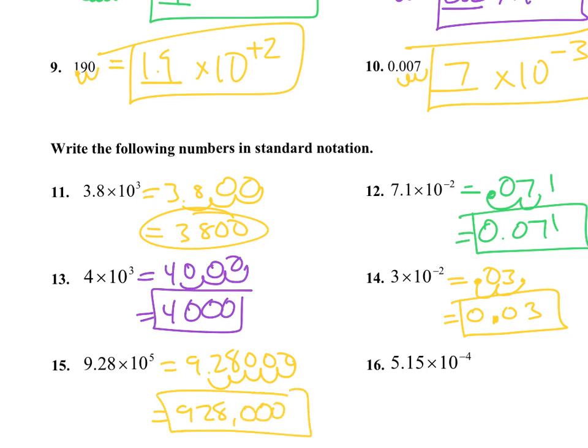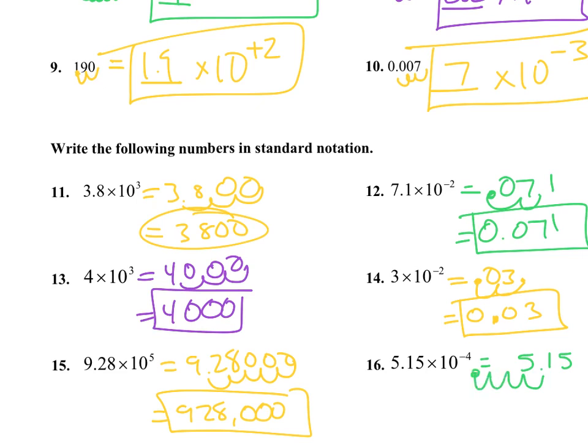All right, number 16. On number 16, I've got 5.15 times 10 to the negative 4th power. That negative 4 tells me I'm going to move my decimal 4 spots to the left in my final answer. So again, let's start off with what I know. 5.15, and I'm going to move my decimal 4 spots to the left. So 1, 2, 3, 4.